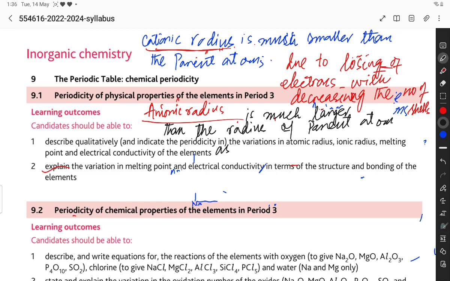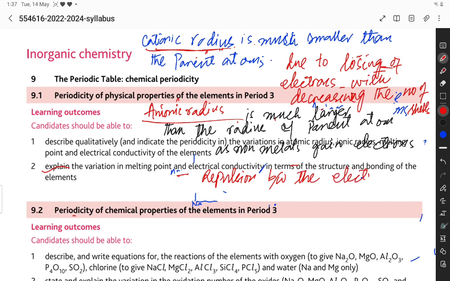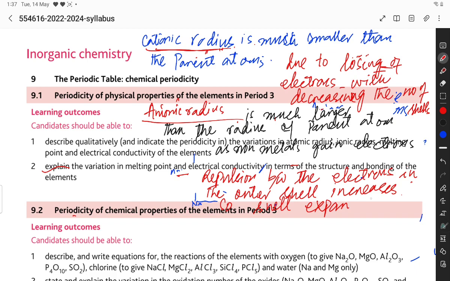As non-metals gain electrons, the repulsion between the electrons in the outer shell increases, so the shell expands and ionic radius increases.